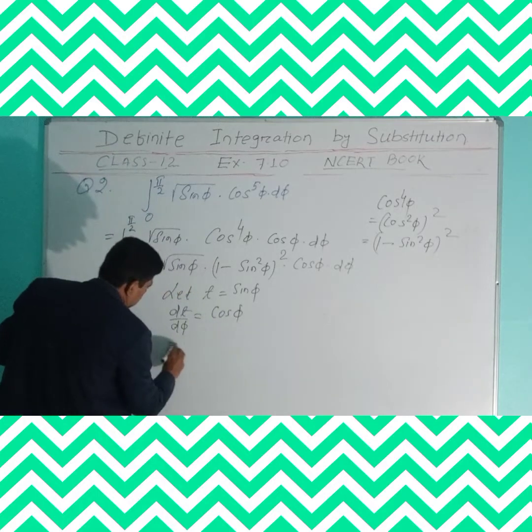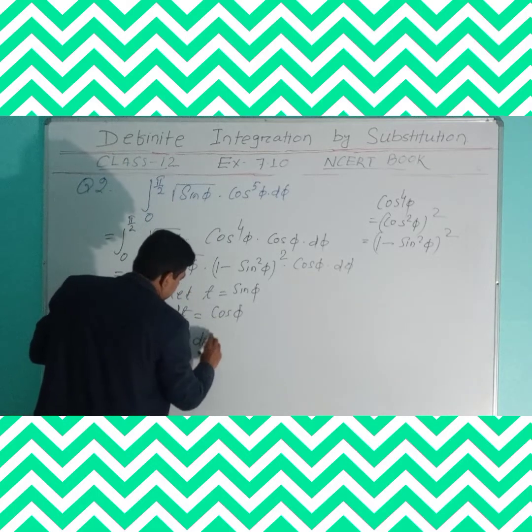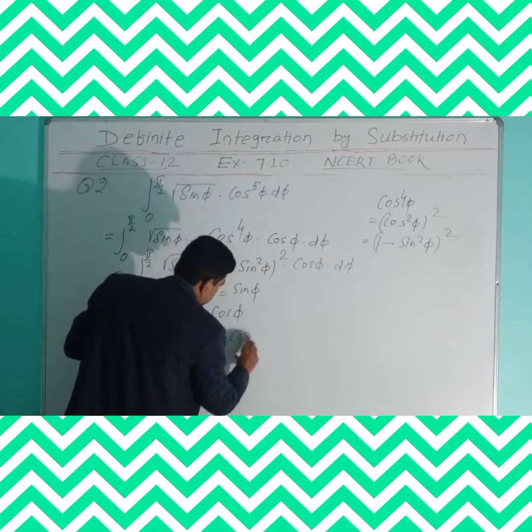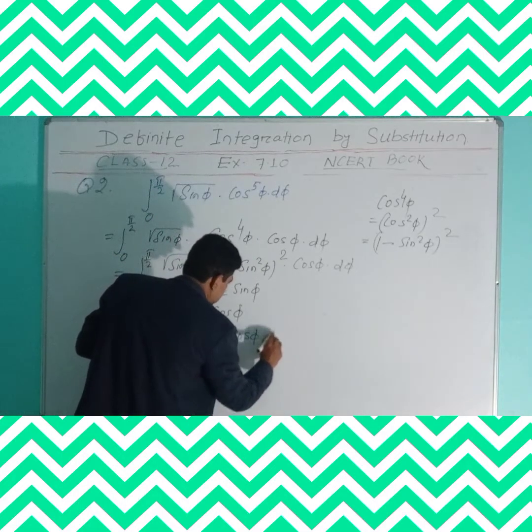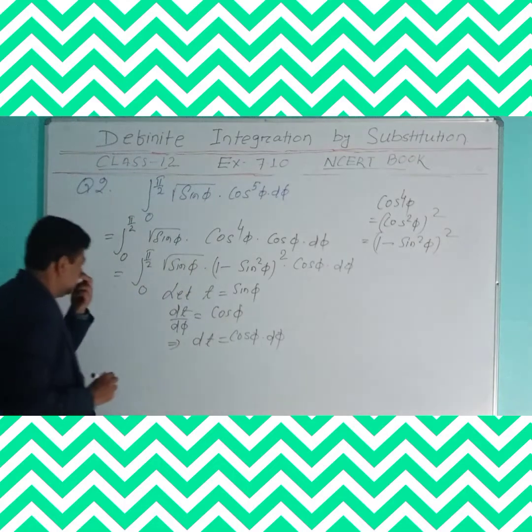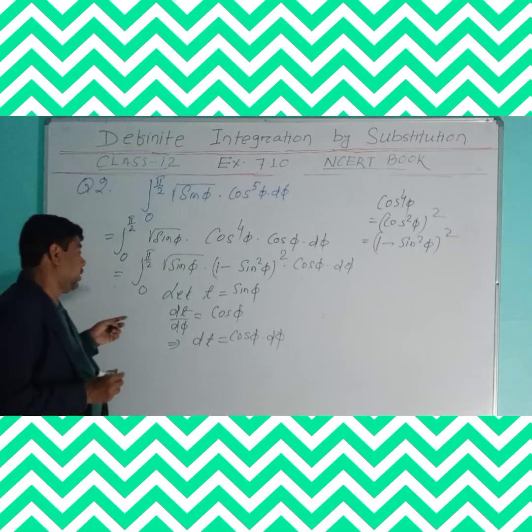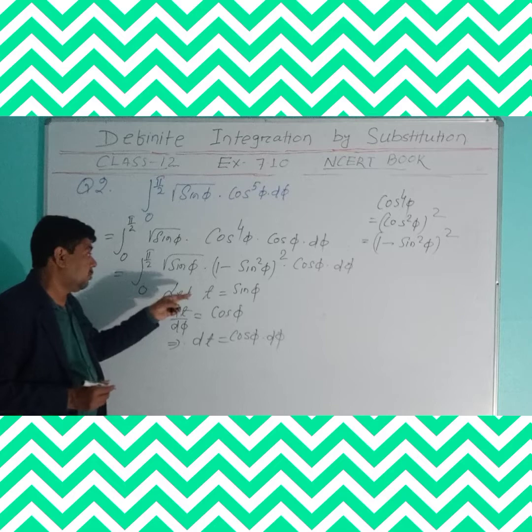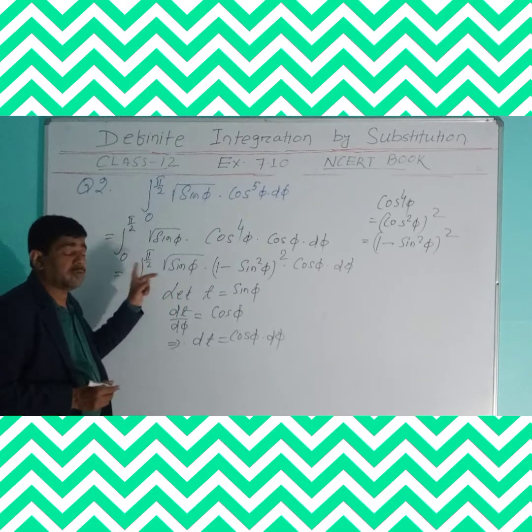That implies dt is equal to cos phi d phi. Now you have to find the value of t when phi is equal to 0 and phi is equal to pi by 2.